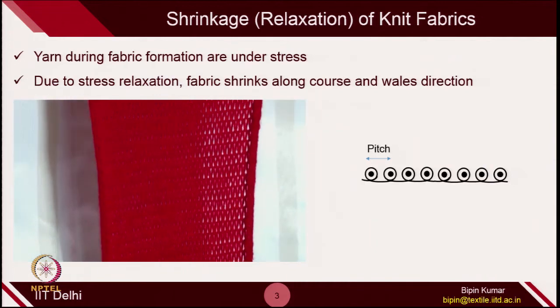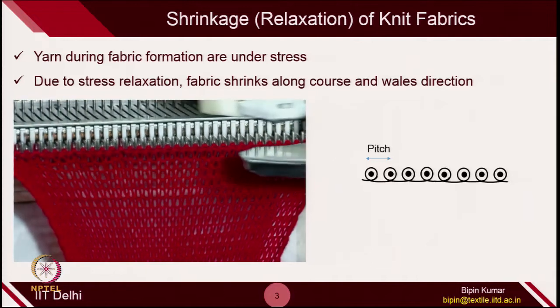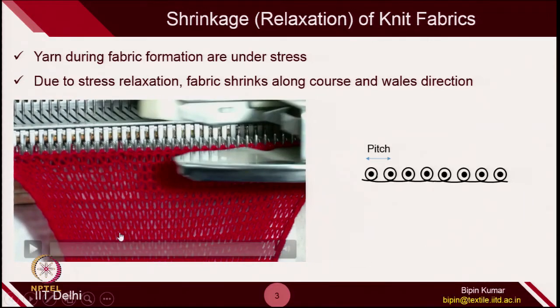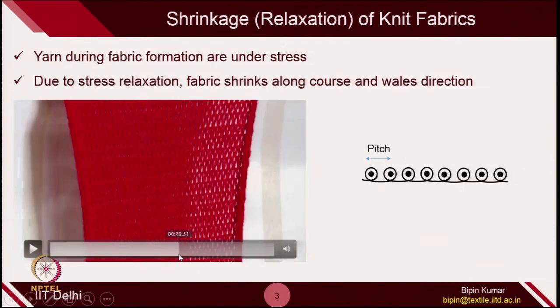So, the moment you take out this fabric and remove the dead weight, you will observe the fabric will try to relax. This relaxation causes the shrinkage in the fabric, and if you carefully see this video, at the knitting zone, where the needle is making the loop, the fabric width is much higher, but when you go down you can see the fabric width is reducing.